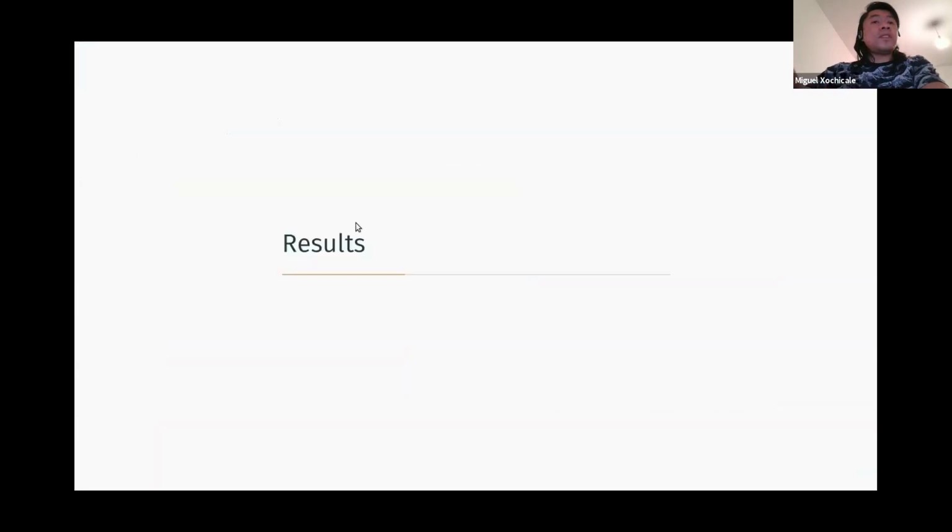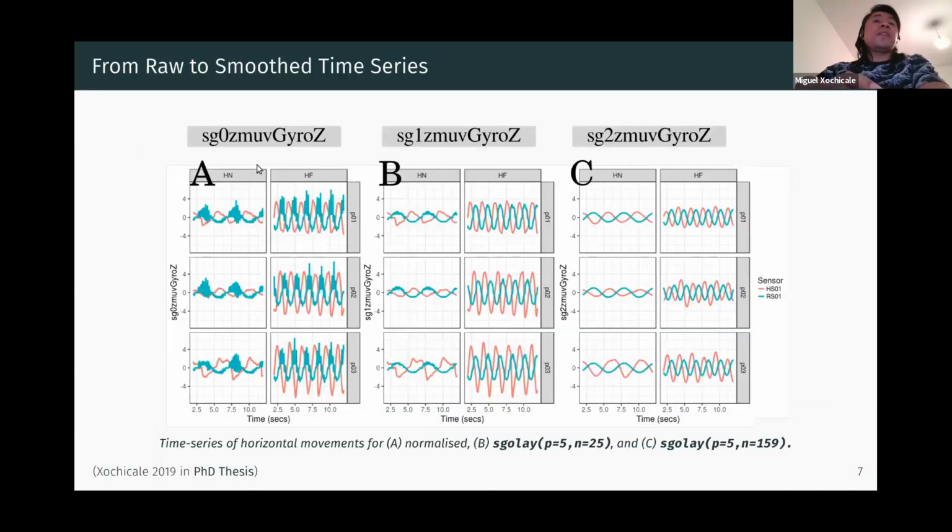So what I'm going to show you here is different signal processing methods that apply to the time series from the inertial sensors. For example, what you can see here is all these smooth signals. Just quickly, the red one is for the human sensor, and the blue one is for the robot sensor.